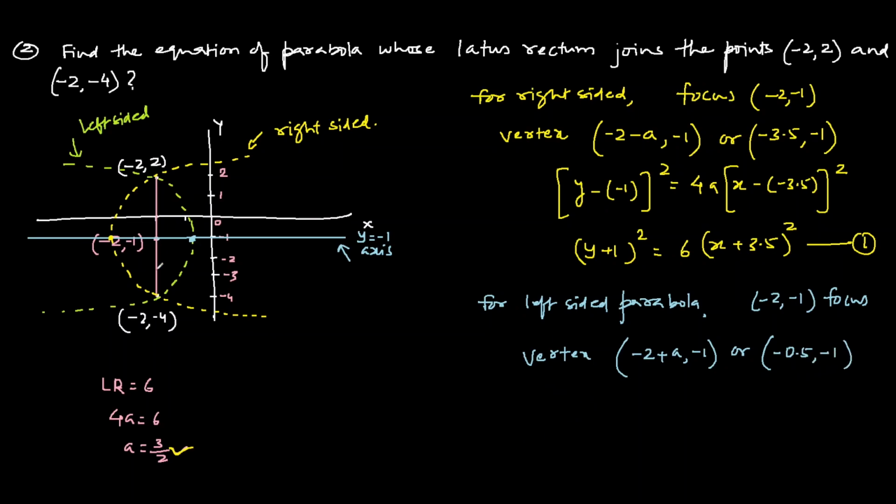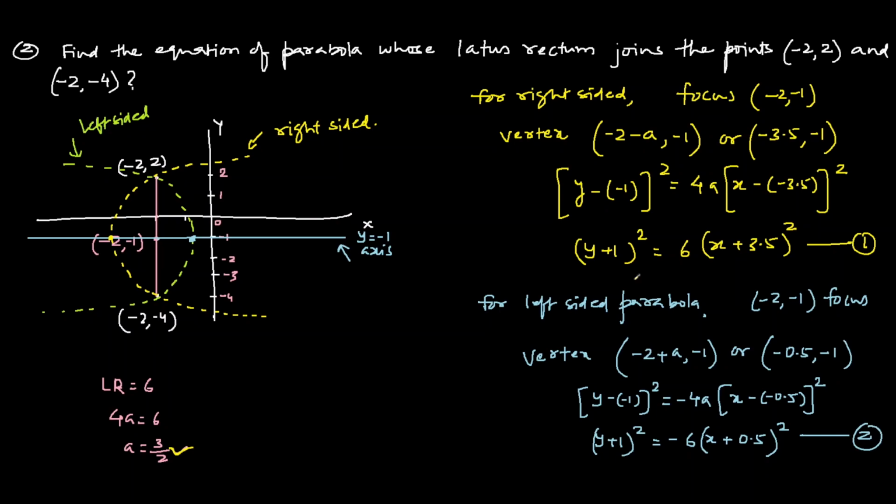So now this parabola is left-sided, so the equation is (y minus (-1)) square equal to -4a (x minus (-0.5)). So we can write this equation as (y plus 1) square equal to -6 (x plus 0.5). So this is the equation for the desired parabola, which is left-sided, and for right-sided this is the equation.